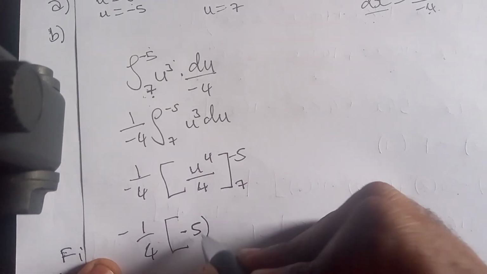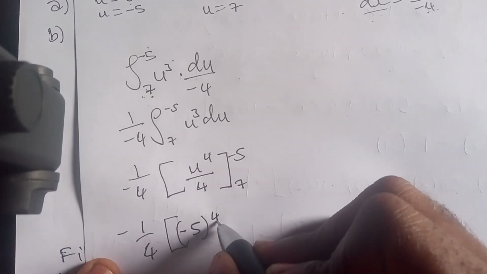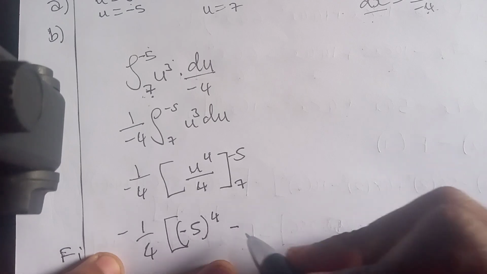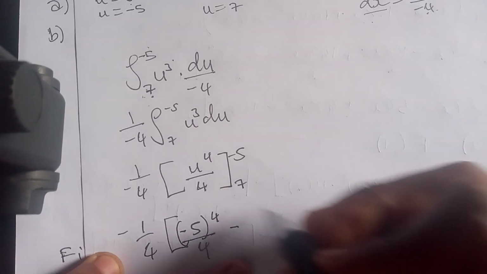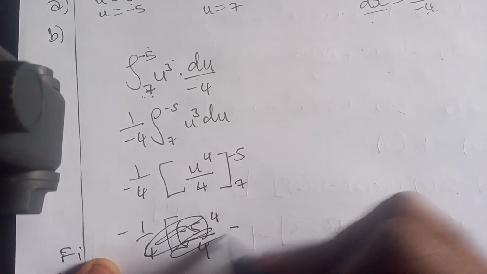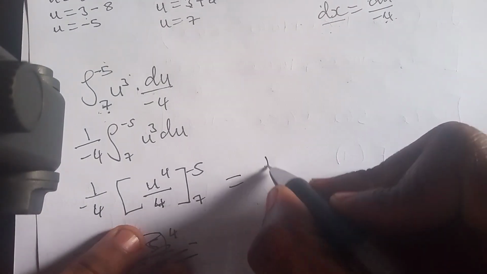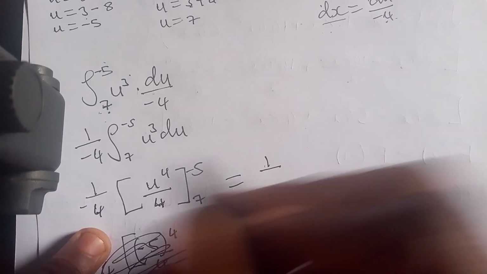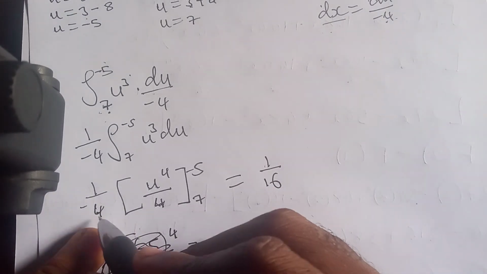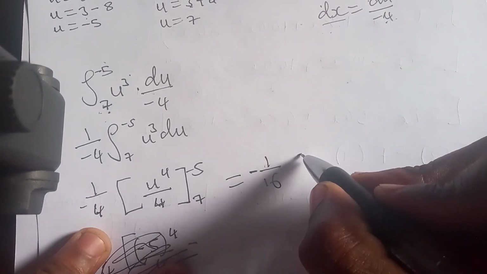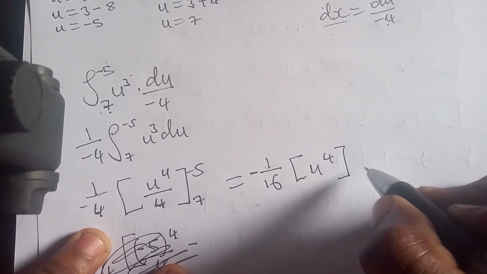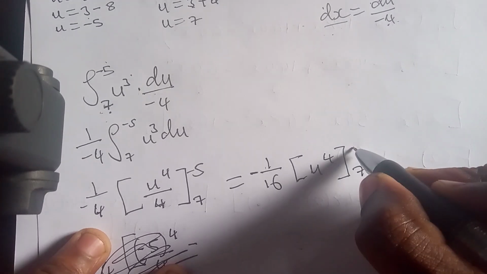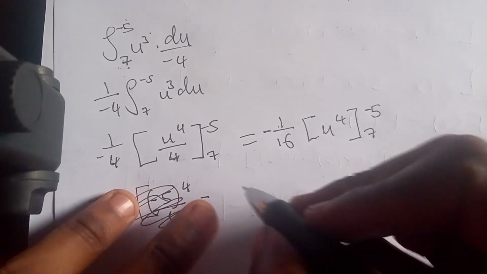So you can say negative 5 raised to the power 4 minus, of course, everything is over 4. Maybe we should take this one outside since it's a constant. So this one will be 1. When you put it outside, it will multiply by this, so that you have this. And then in the brackets, we just remain with this, which will be much easier to work with.